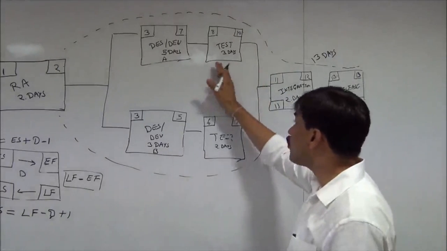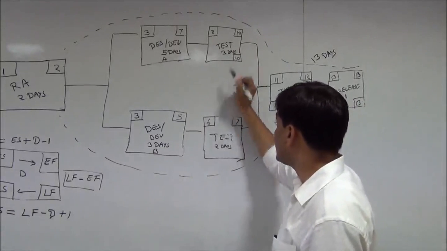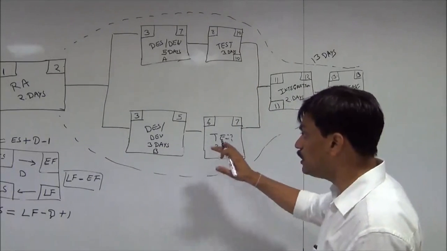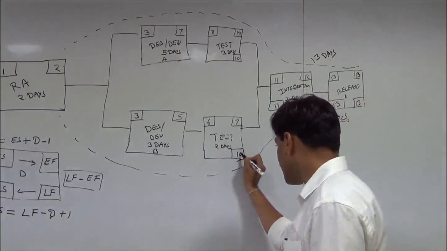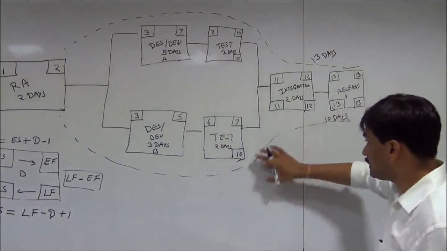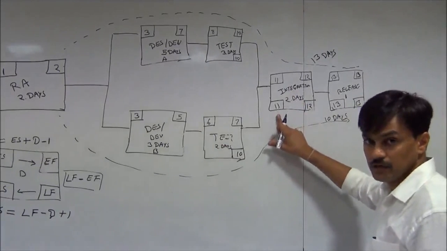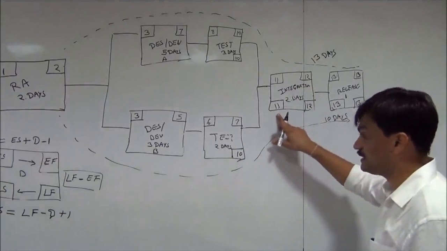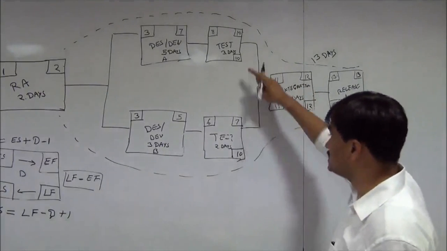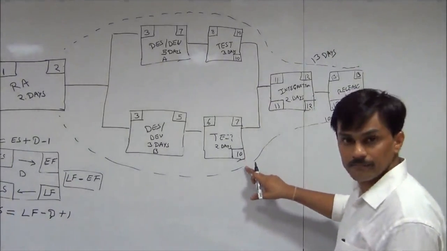So the testing of module 2 should finish by day 10, and testing of module B should also finish by day 10, because the late start of integration is 11. So by latest, this integration activity can start on day 11. So both the activities must finish by day 10.